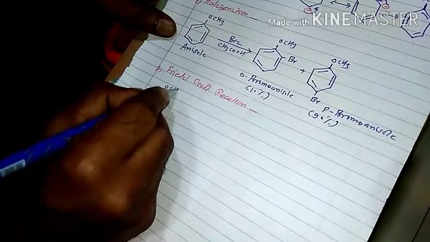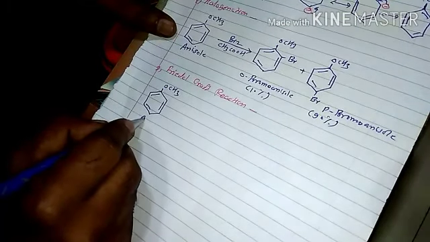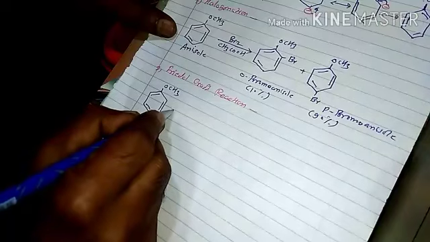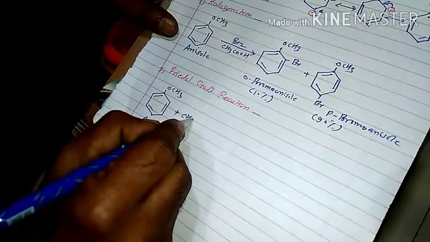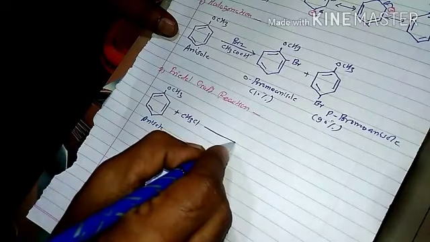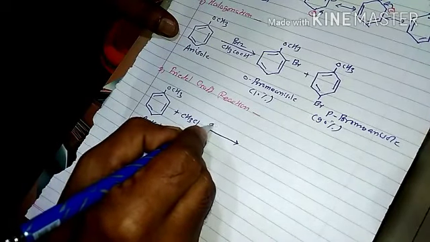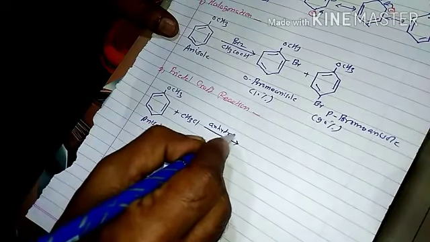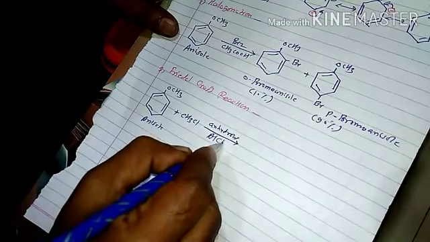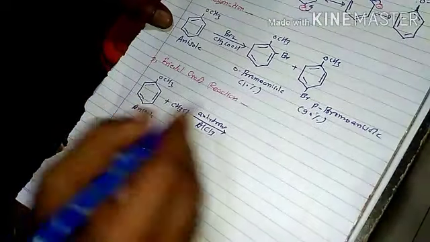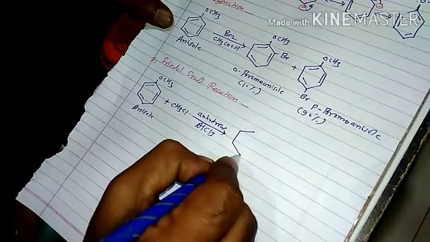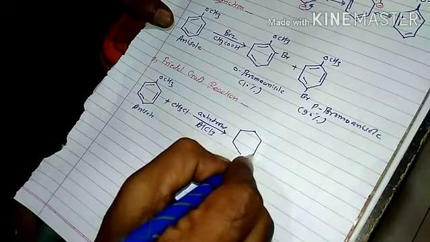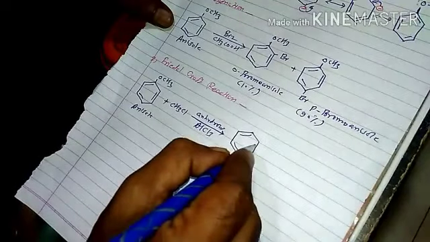Here OCH3, this is anisole, plus methyl chloride. What is the formula? CH3Cl, and this reaction takes place in the presence of anhydrous, meaning dry, aluminum chloride, AlCl3. Now as usual here, the hydrogen atoms at ortho and para positions are replaced by a CH3 group.